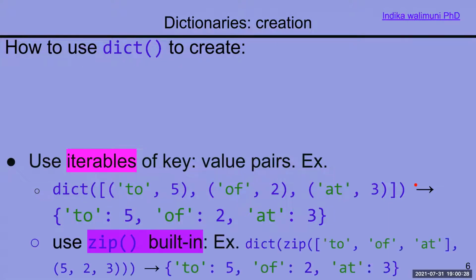Next, we can use the zip built-in function. It's similar to zipping two things together. I have a sequence of keys, in this case a list, and I have a sequence of values, in this case a tuple, and I am basically passing them to the zip built-in function, and the whole thing gets passed into the dictionary type constructor.